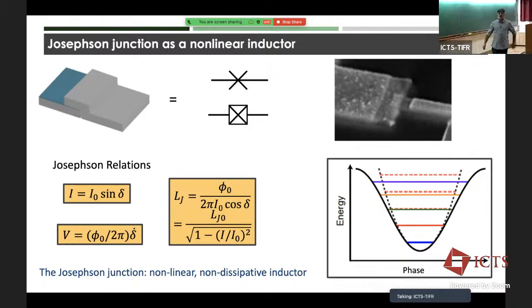But I'm not sure what you mean by apply a phase difference. I mean, this here is just parameterizing how currents and voltages are related to each other. No. Without phase, the nonlinearity is not there, right? The fact that the phase function is inside a sine is what's giving the nonlinearity. I'm not sure. So maybe let's discuss this offline.